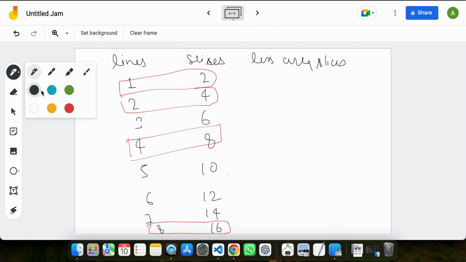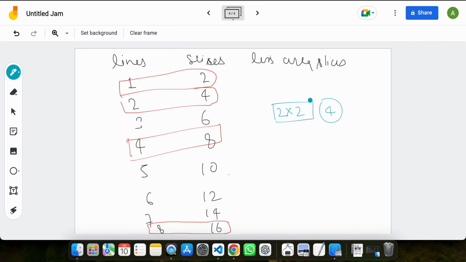In the case of 6, if you observe, you will find that the previous number which is less than 6 and is a power of 2 is 4. So how much is the difference? It is 2. 2 is the difference. So we'll get 2 times the difference, 4 slices which will have less area.